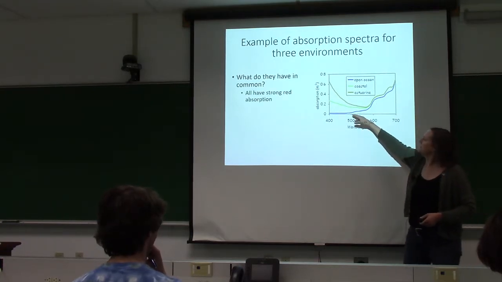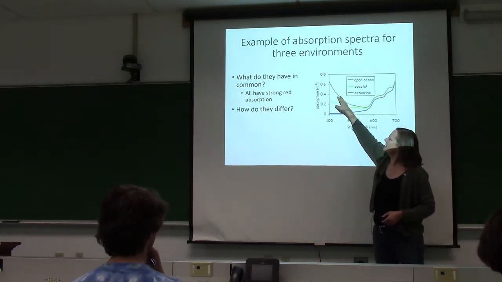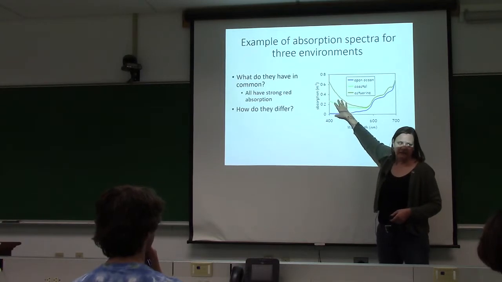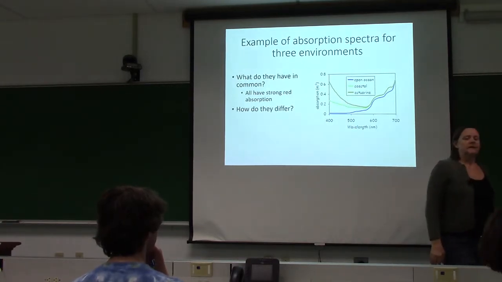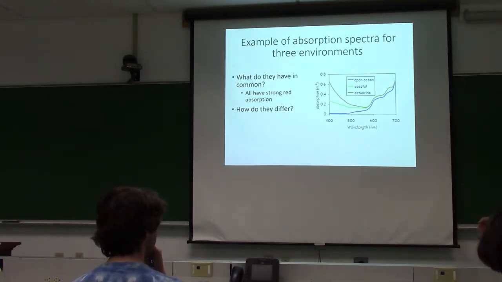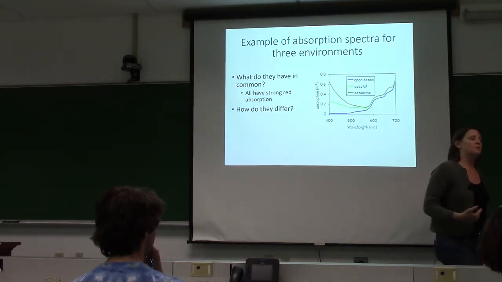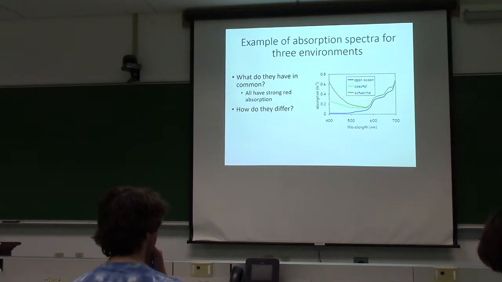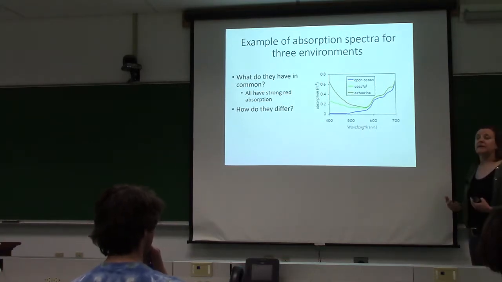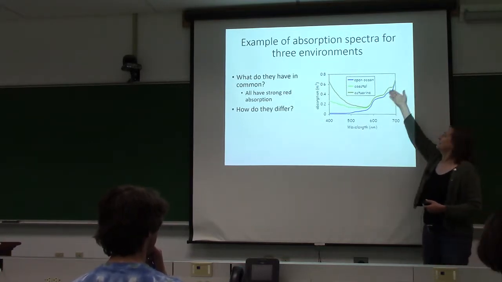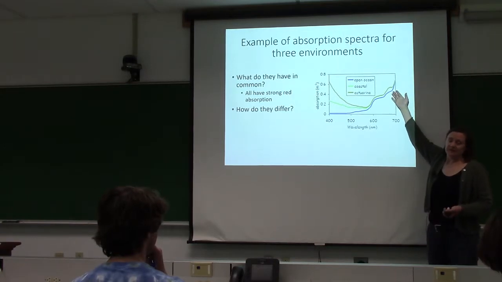So they all have strong red absorption, and then they differ in here, right? And it's pretty obvious, because as you go from the open ocean into coastal environments, you've got a lot more stuff in the water, a lot more material, organic and inorganic, that can contribute to absorption. But all of those locations have water, and water is responsible for this absorption, right?